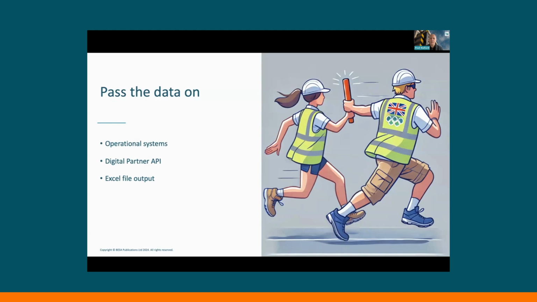Now, our new product, our new technology that we've just shown you, allows for those mappings to be passed across to your CAFM systems, but also we can produce Excel outputs of the same information if perhaps your partners aren't ready at that stage yet.